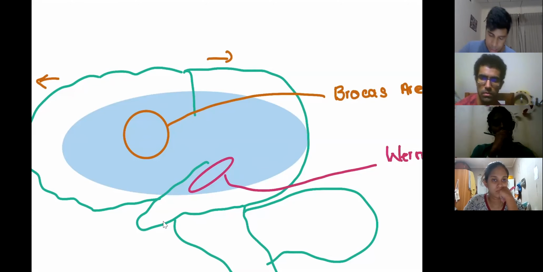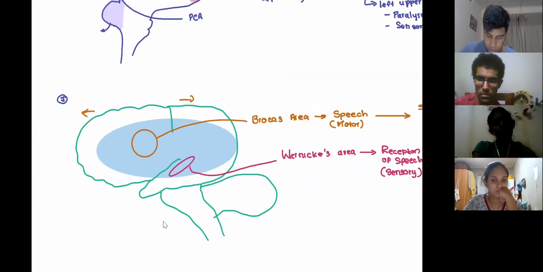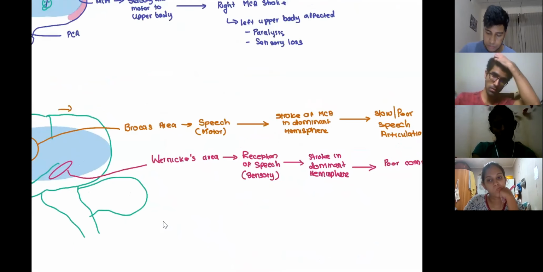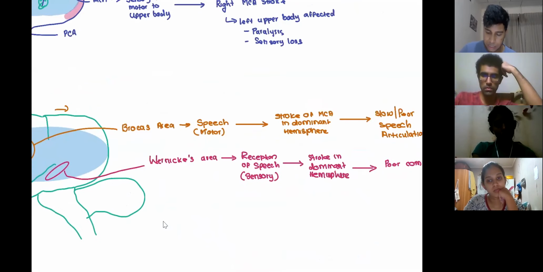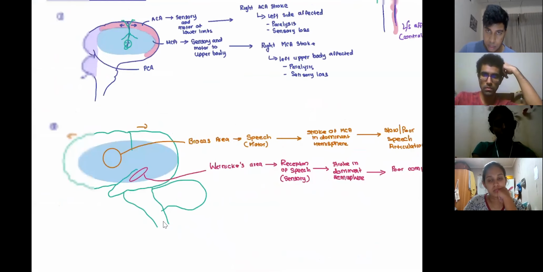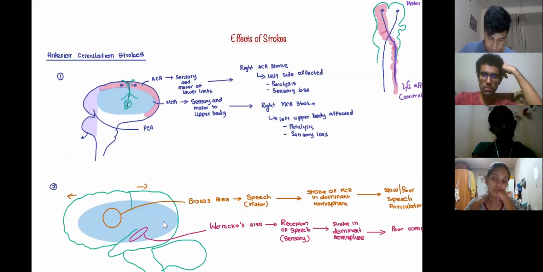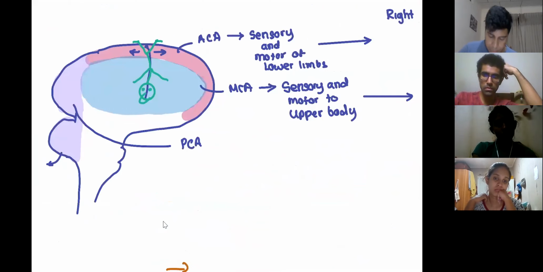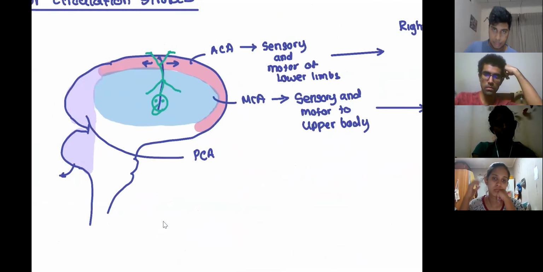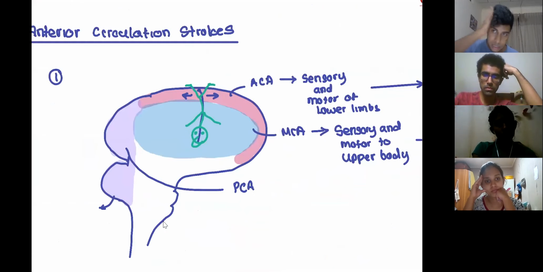Every possible thing that can happen will be there. If the branch that goes to one of these areas is stroked, you should be able to understand. What I need you to understand is not memorize. The MCA is on the lateral aspect, and on the side you have the language centers.